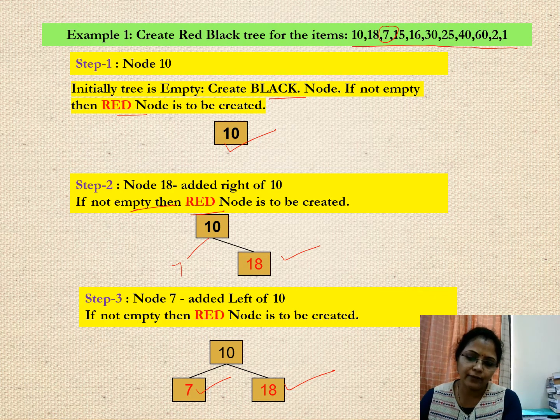So we can proceed to step 4. Up till now there is no need to check the different conditions for the red-black tree, because they are getting satisfied. Your root is black, no two red nodes are adjacent, and even in the third case, the number of black nodes in each path is the same. In this path it is one, and in this path also it is one.